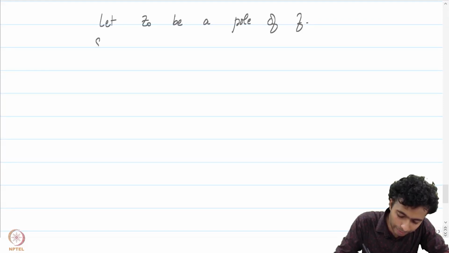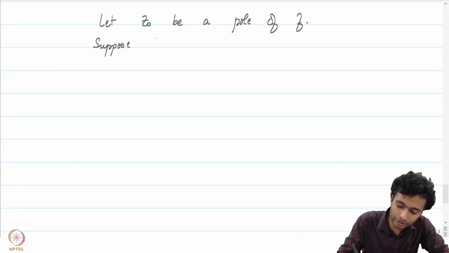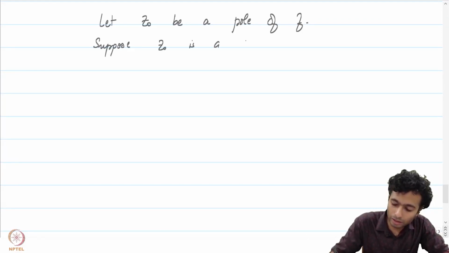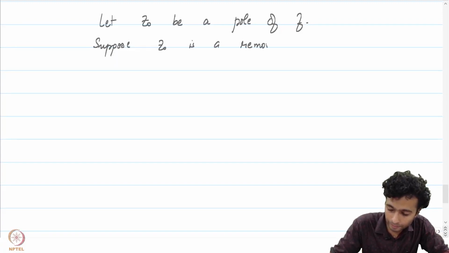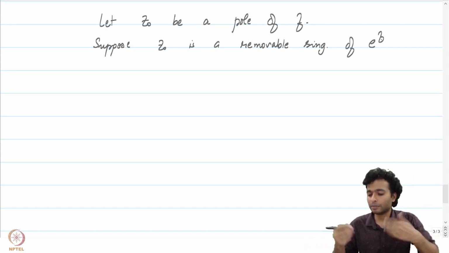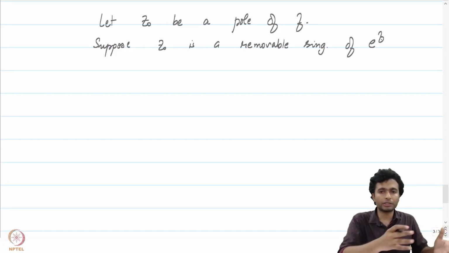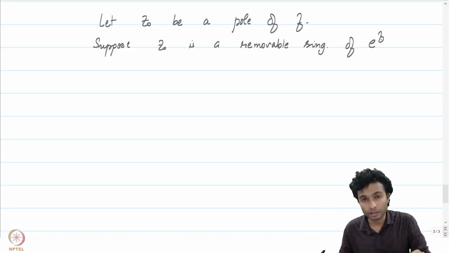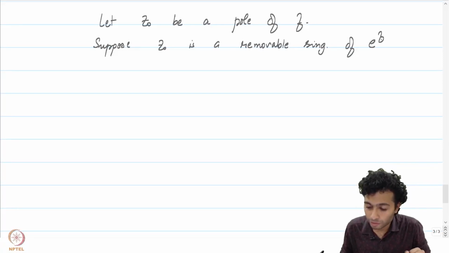Let's assume, suppose z0 is a removable singularity of e to the power f. Remember that e to the power f is just the composition of the exponential function with the function small f.